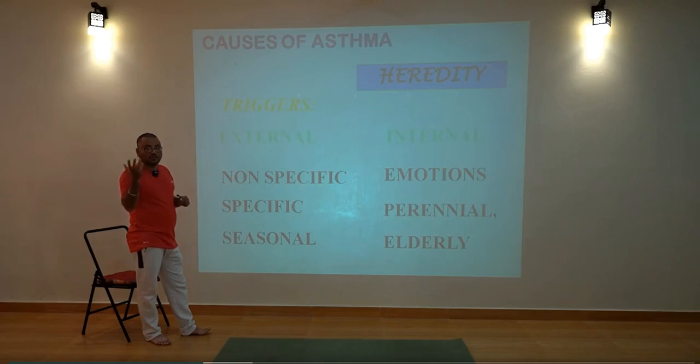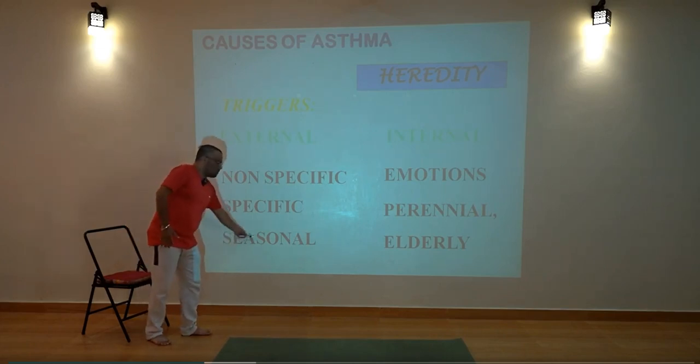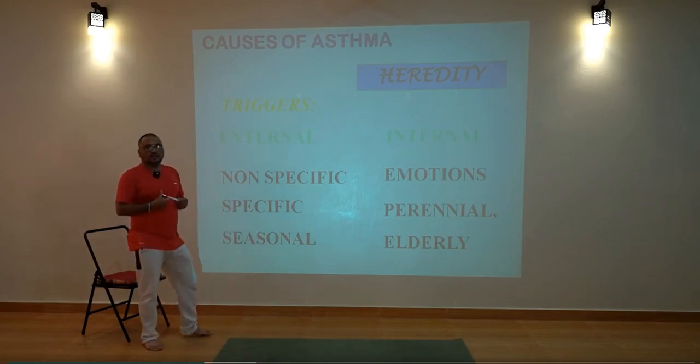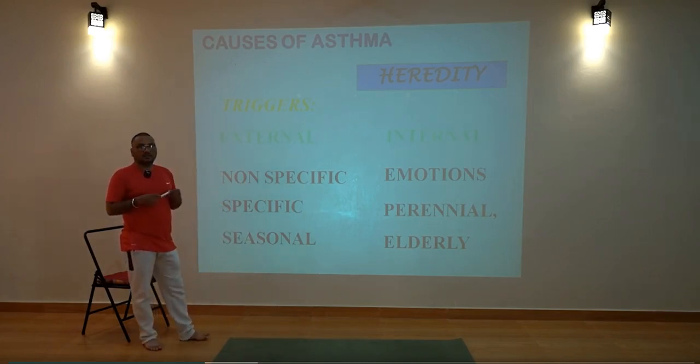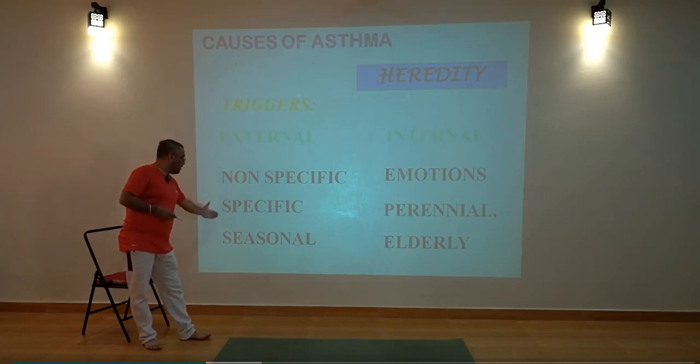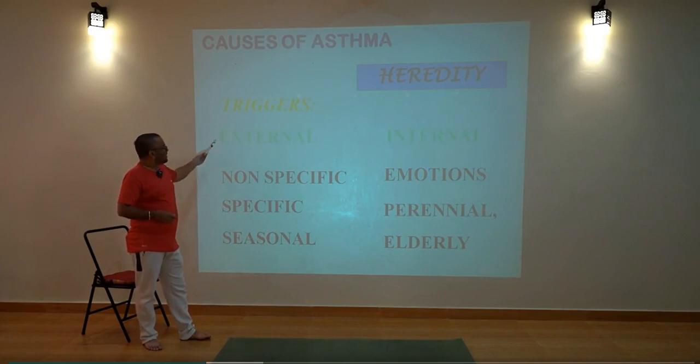And if we are eating more cold things, there are more chances in the winters that it can cause asthma. Sometimes it is seasonal, like in the winters and autumn, people have seasonal asthmatic variations. So sometimes non-specific, specific or seasonal. So this is the external one.